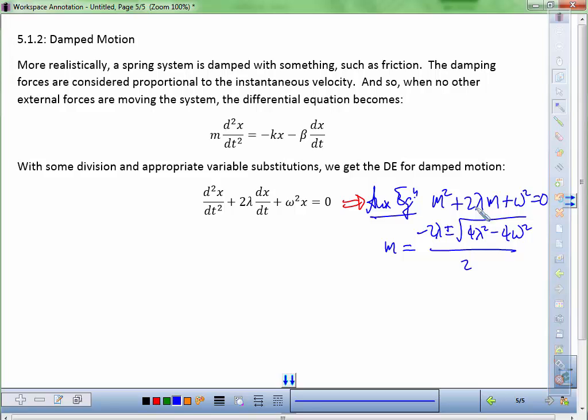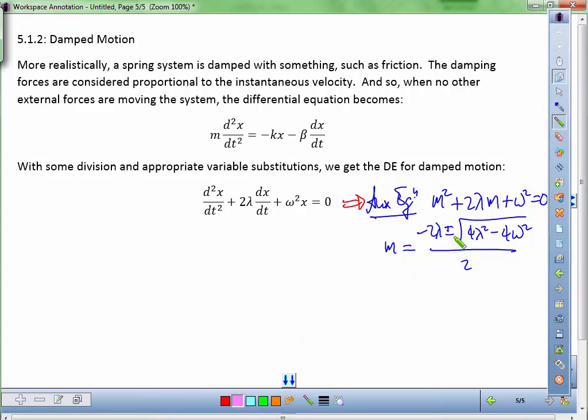Okay, so if we focus on our discriminant, if this discriminant is positive, then we have 2 distinct real roots. If it's equal to 0, then we have 1 repeated real root. And if it is less than 0, then we have complex conjugates. Okay?